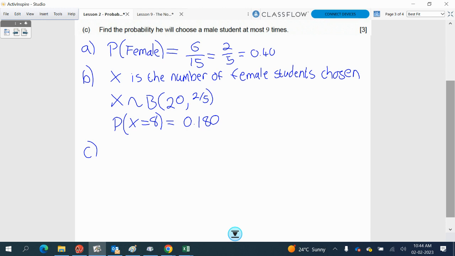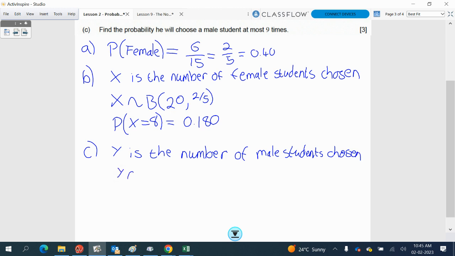So in this case, I'm asking this question because we're having to think through, do we want 0 to 9? Or do we want to use a complementary probability of looking at what happens with the girls? It's not that complicated, this question. So I think the best way forward is to set up a new discrete random variable where Y is the number of male students chosen.